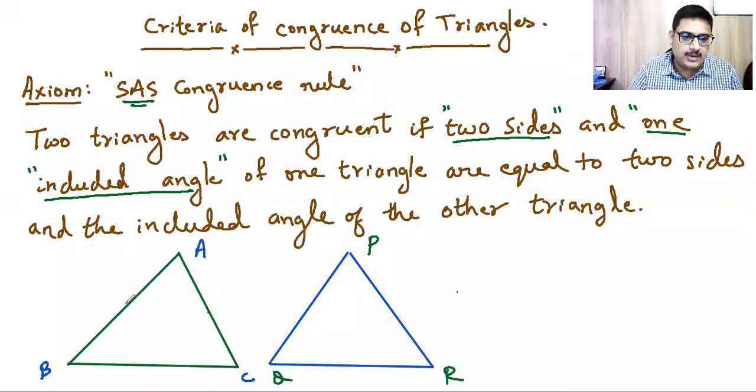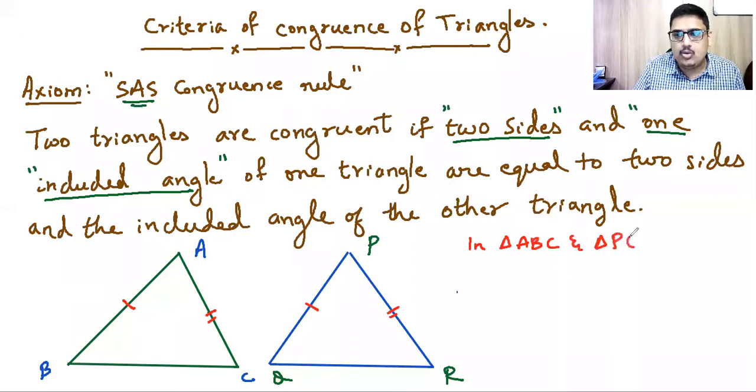Let's say AB is equal to PQ and AC is equal to PR. So two sides of triangles ABC and PQR are equal. In triangle ABC and triangle PQR, AB is equal to PQ, and AC is equal to PR.